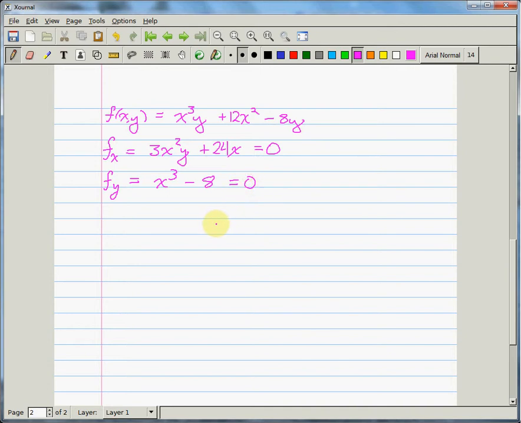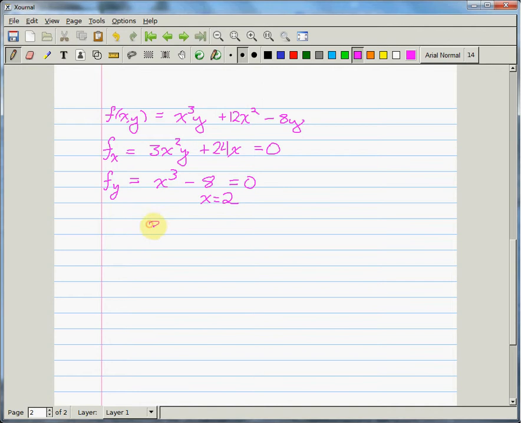And we got lucky as far as the system of equations goes, because the second one here is obviously x equals 2. So that's the only way that could be true. And if x equals 2, what happens to the first equation?